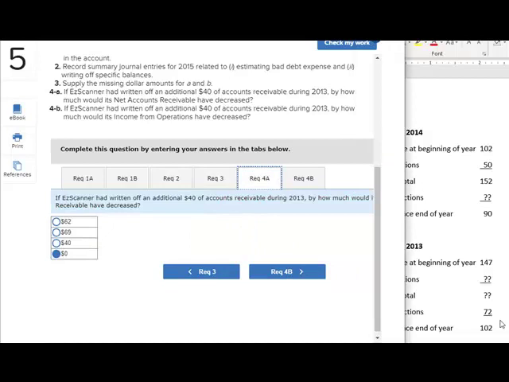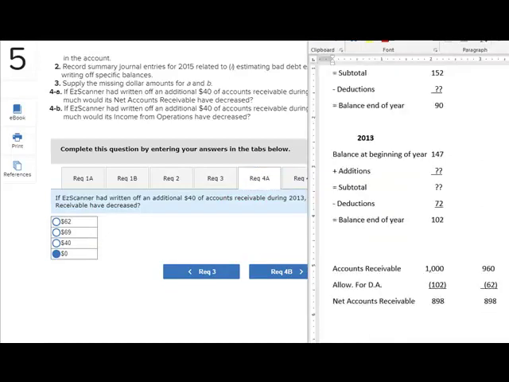In requirement 4A, it's asking by how much would net accounts receivable have decreased if we wrote off an additional $40 of accounts receivable in 2013. Well, they don't tell us what the total accounts receivable balance was, but let's just say it was $1,000.